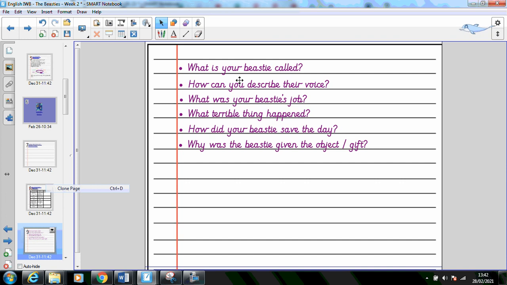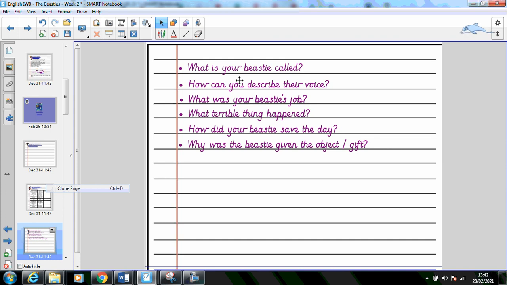When I sat down with Hazel, I showed her a leaf that I wanted to be the special object. I found it really quite tricky to come up with a story that had good answers for all of these questions. So I had to change the object that I was writing about. And you might find the same thing, and that's okay.